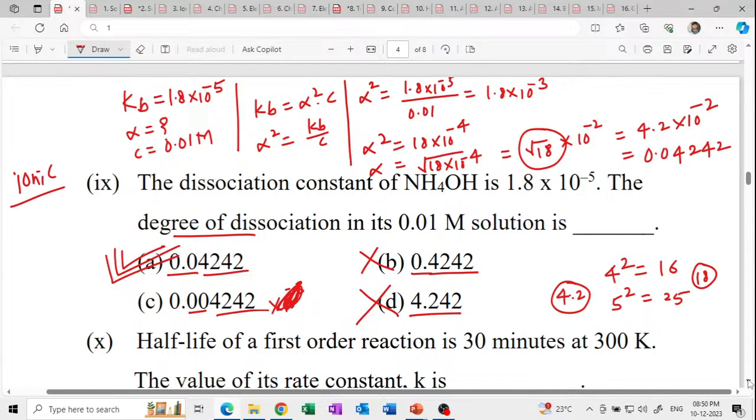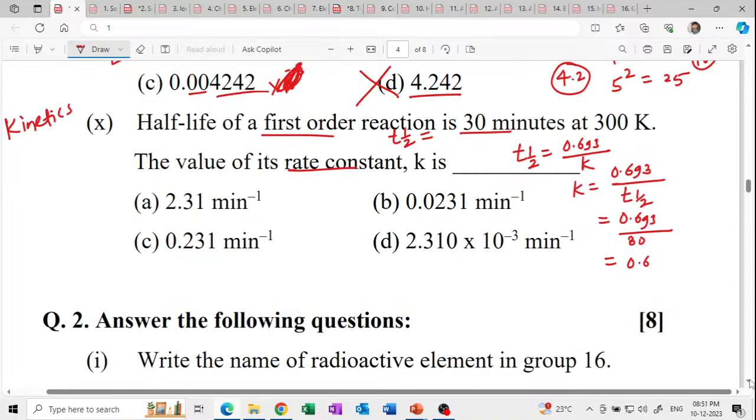So what is the answer? 0.693 divided by 3 into 10 raised to 1, so it becomes 10 raised to minus 1 here.